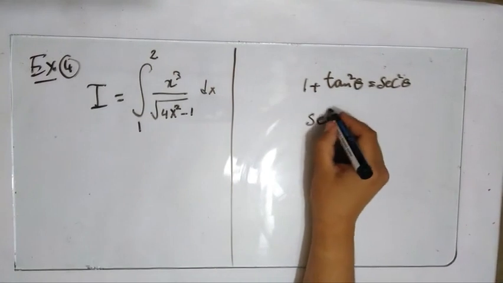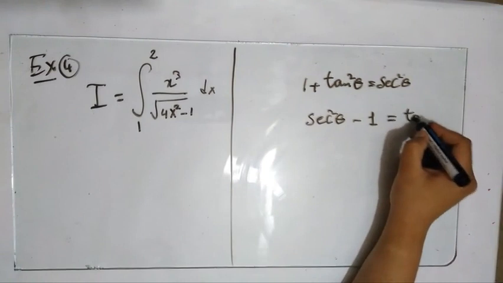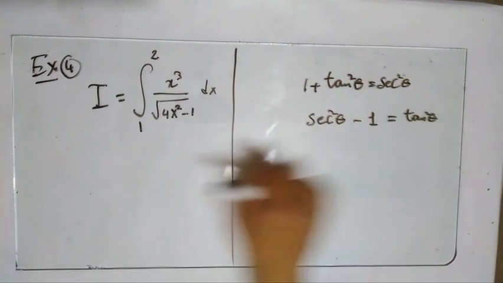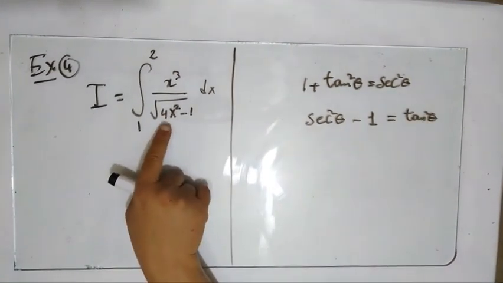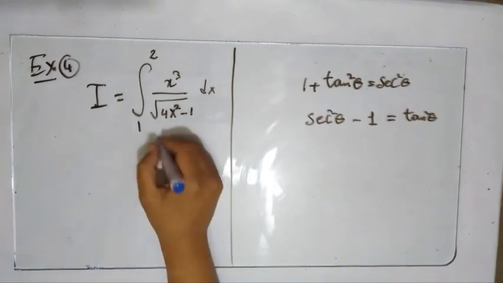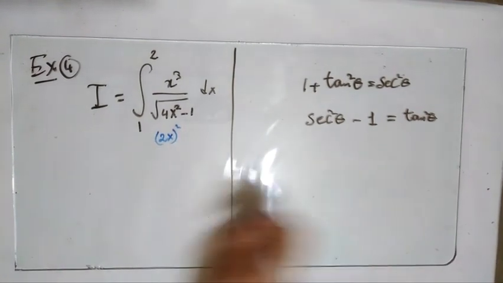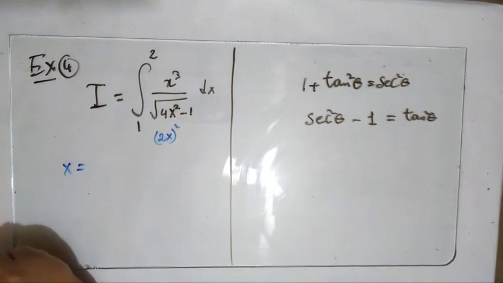So secant squared minus 1 is the same as tan squared, which is the situation here, where you have something squared, which is 2x all to the power 2, minus 1. So actually, it will be a good idea if we use this substitution.